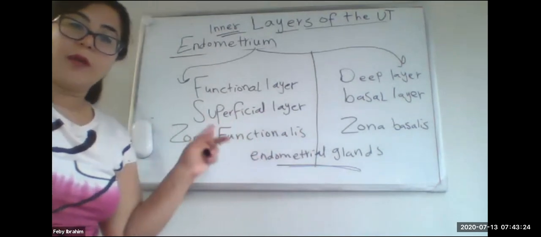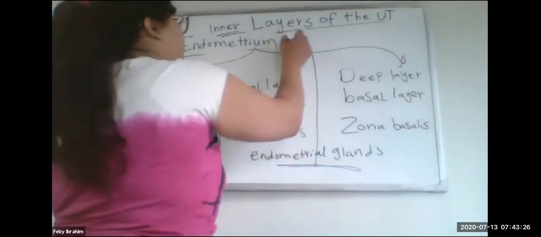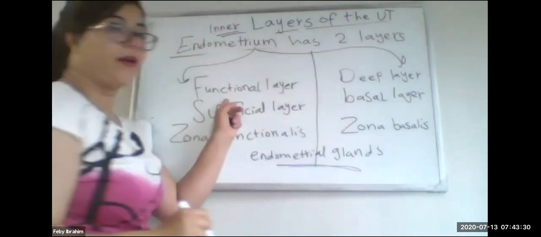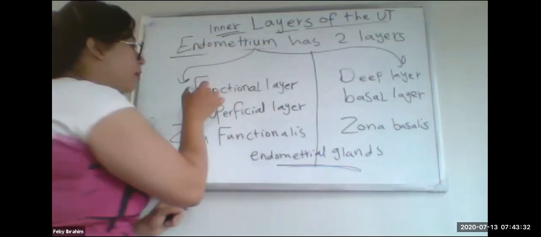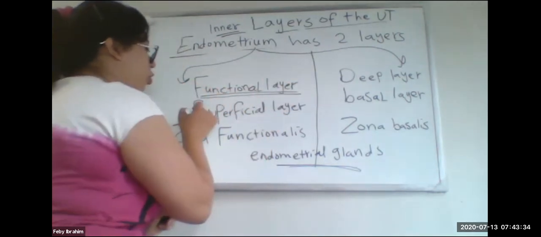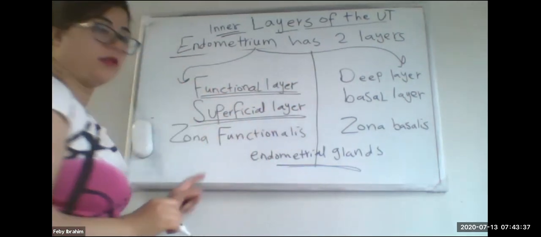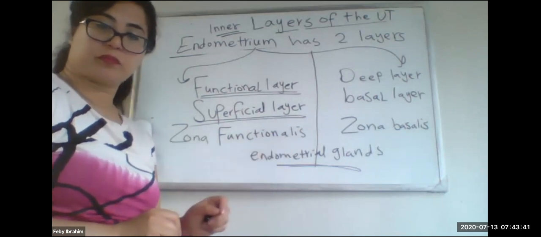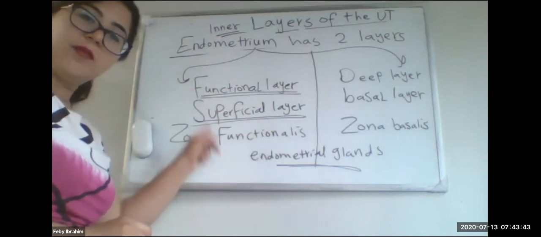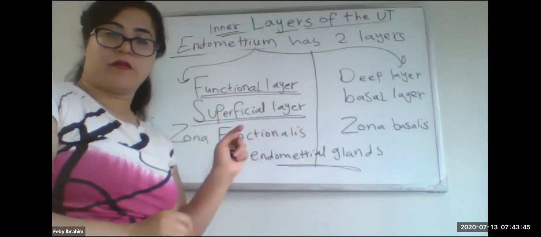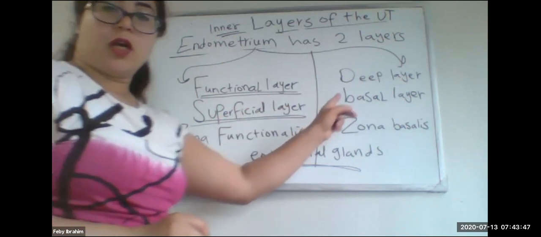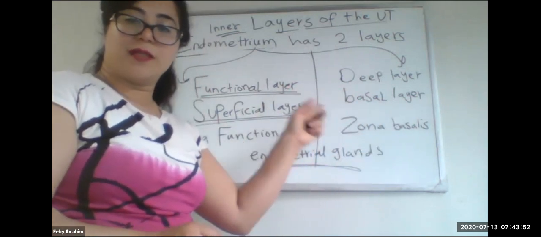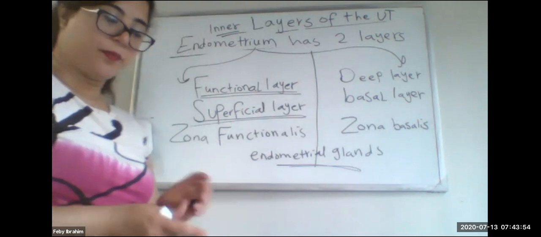So we have the functional layer or superficial layer, called zona functionalis, and the other layer called the deep layer, or basal, or zona basilis.